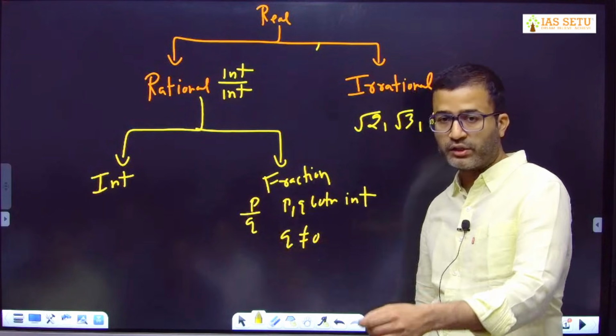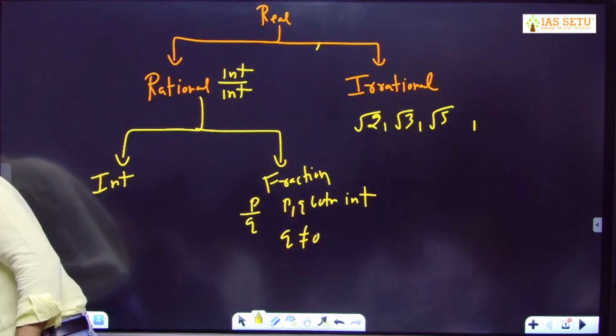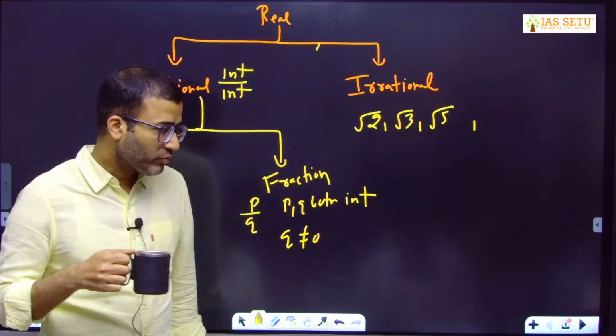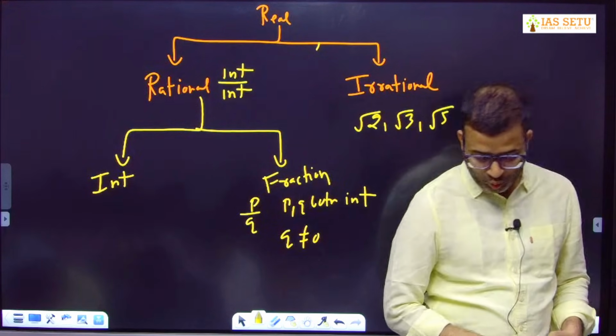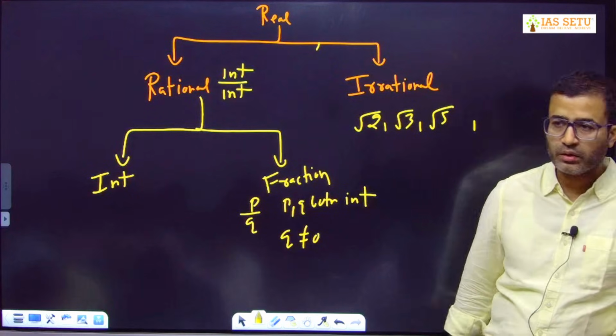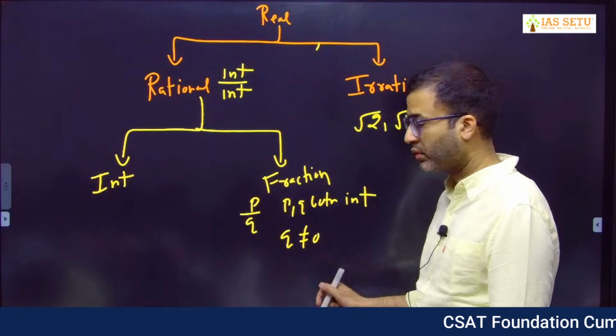Write it down. A fraction can be expressed in the form of P by Q, where P and Q are both integers, and Q is not equal to 0.